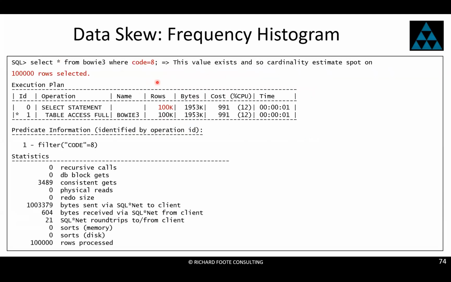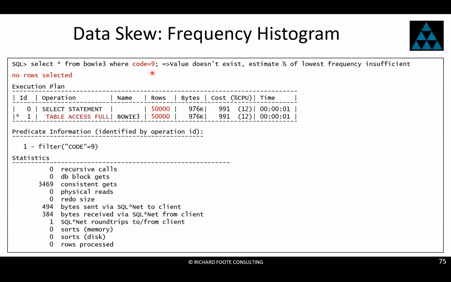But the problem I've got is that for the value 8 the histogram's fine, but for this one, where I don't have the value, half of the minimum is 50,000, and 50,000 is too expensive because I've got lots of commonality for all my values.